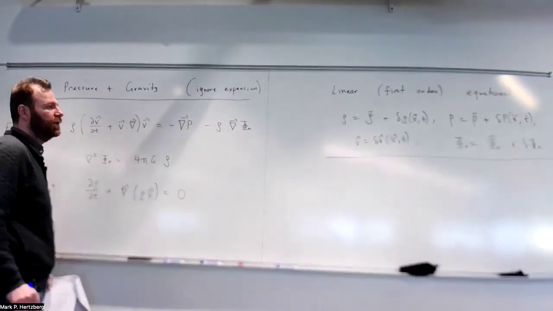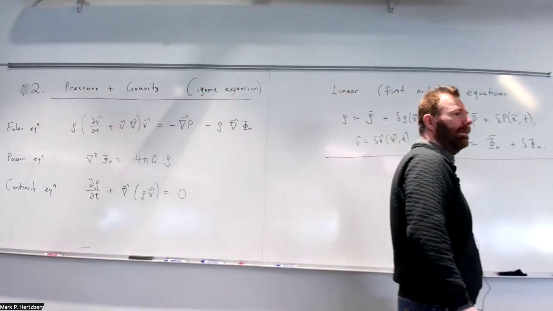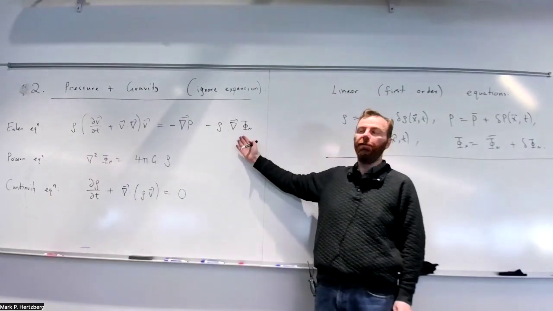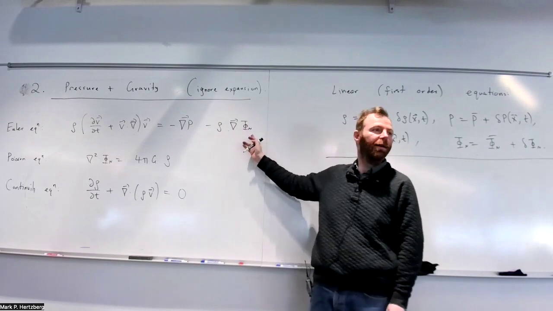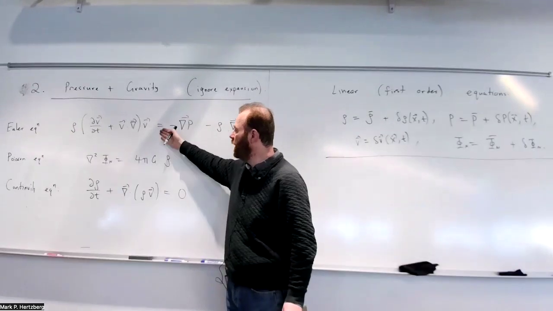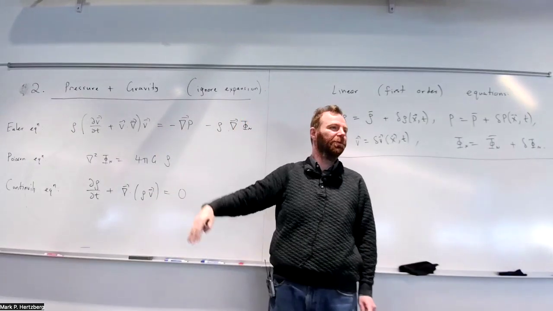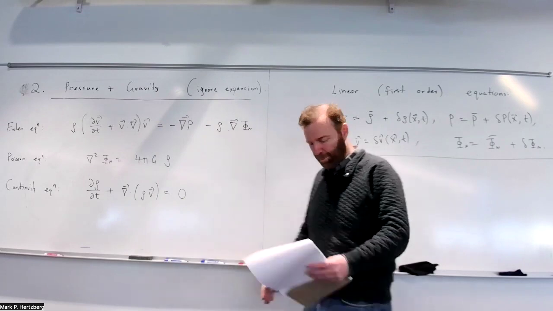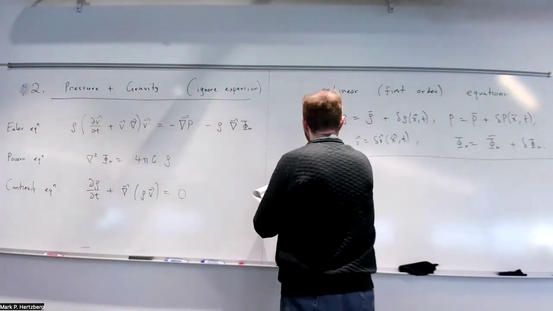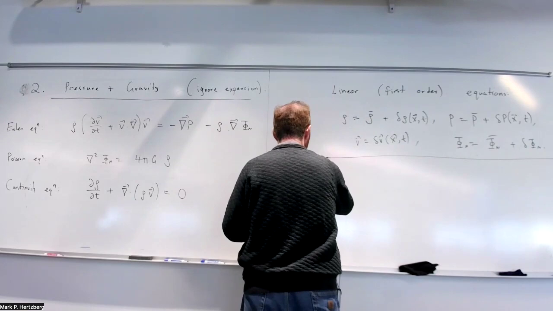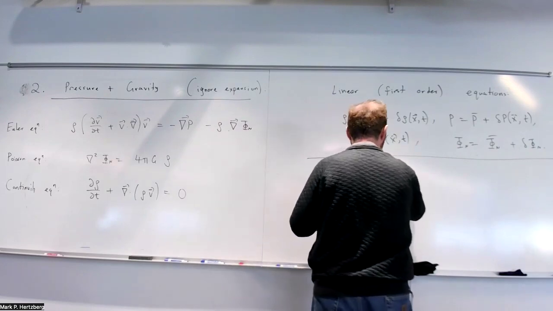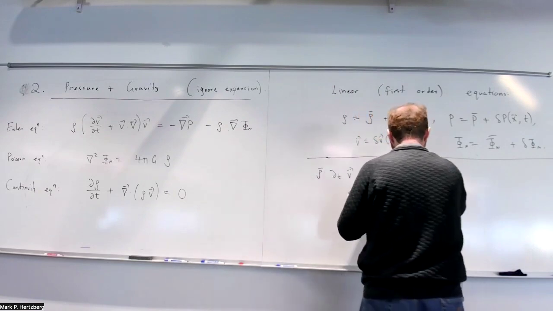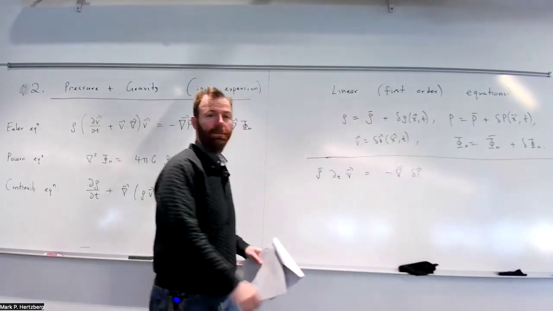Okay, so the linear equations, I can just write them on the board because all we added to it was this one new term here. Right? So it's very clear if I study this term at linear order, it's just going to be the gradient of delta phi. And all the other linearizations we did are going to be identical to what we wrote down a few minutes ago. Okay, so for sure we're going to have rho bar and so on. So far, so good.